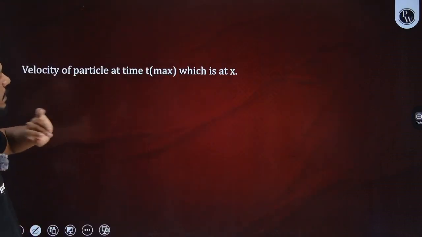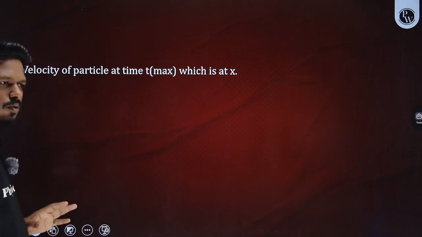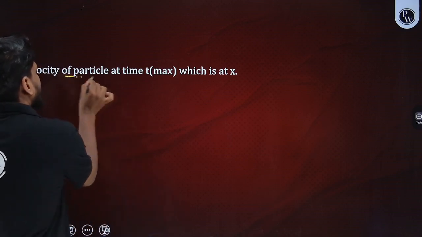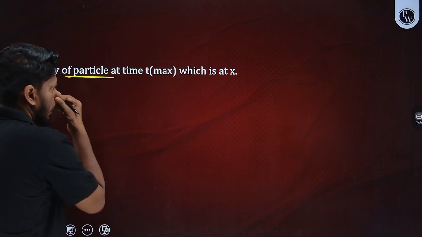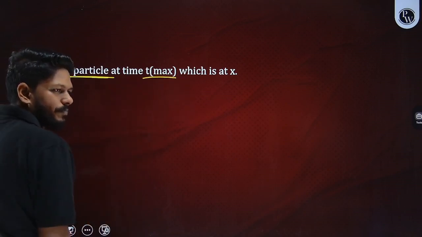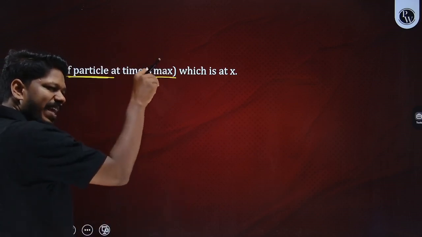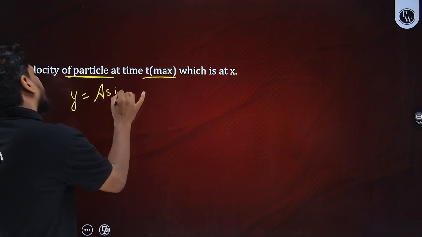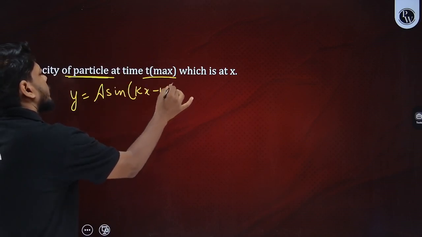Velocity of particle at a time t which is at x. So this we have already derived, right? They are asking me to find the velocity of the particle with respect to time, at some position x. So x is constant. y is equal to a sin of kx minus omega t.